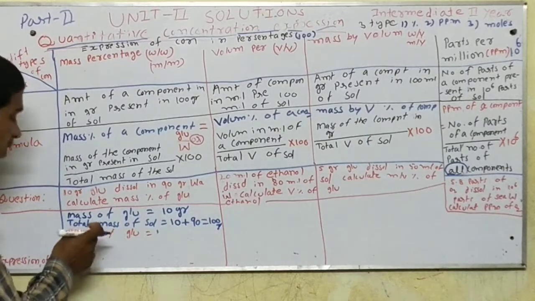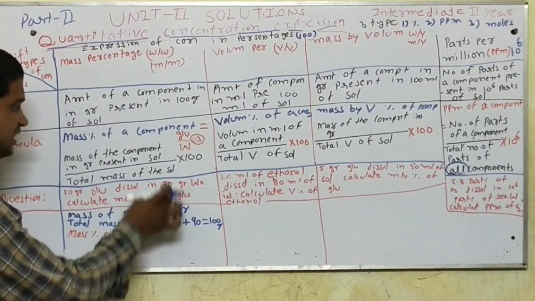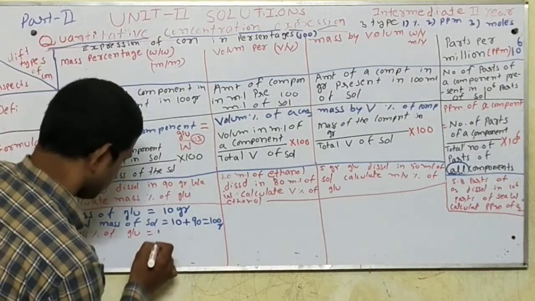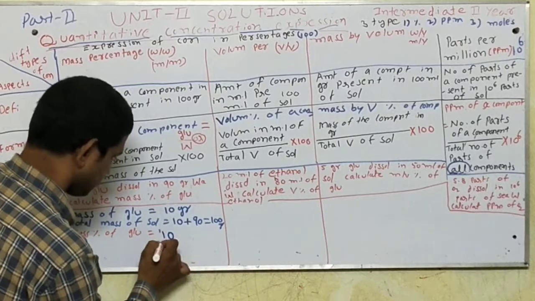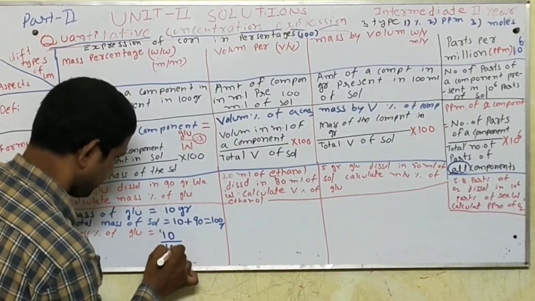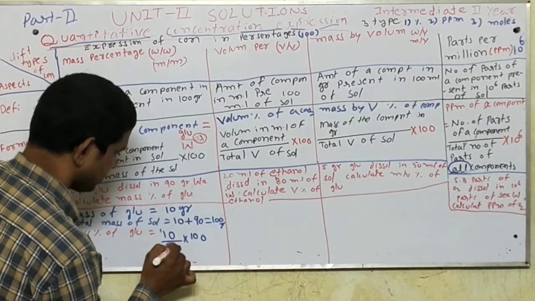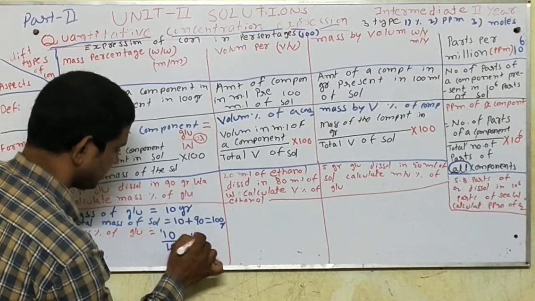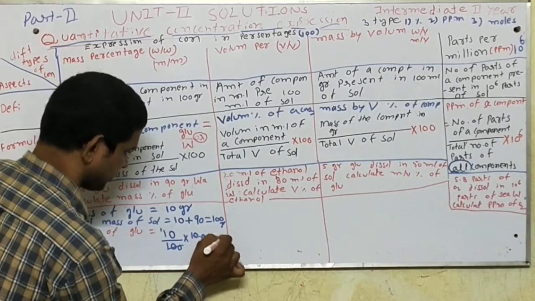Now we substitute these values in the formula: 10 by 100 into 100. The 100 cancels, we get 10, that is 10 percent.